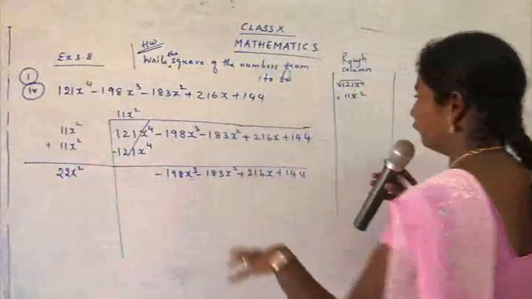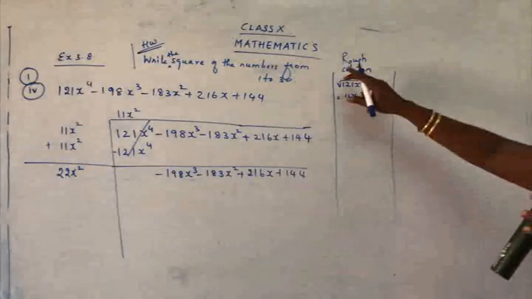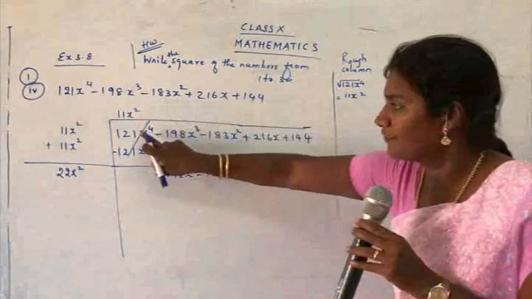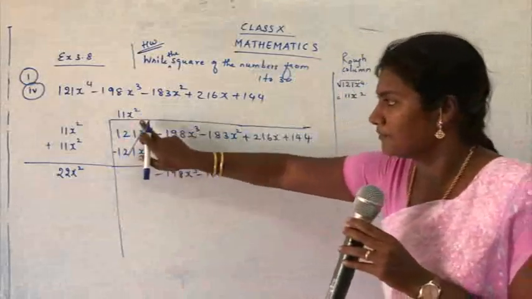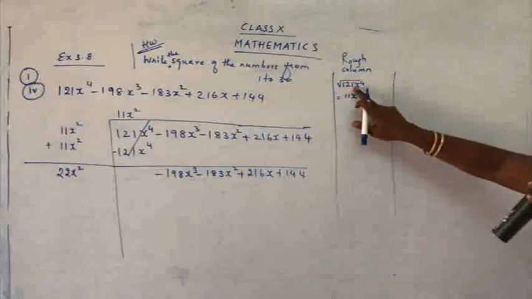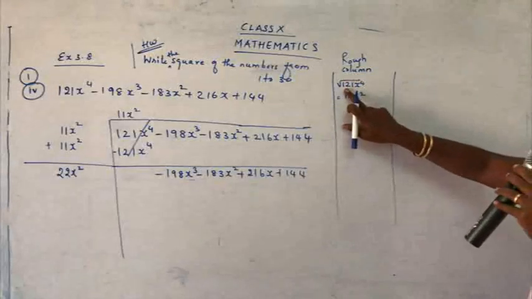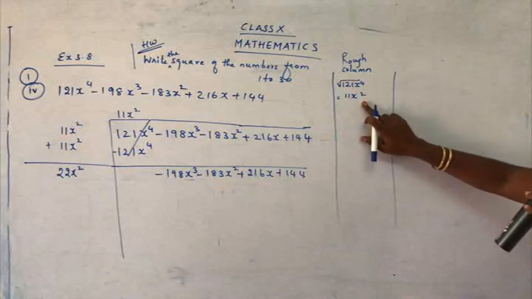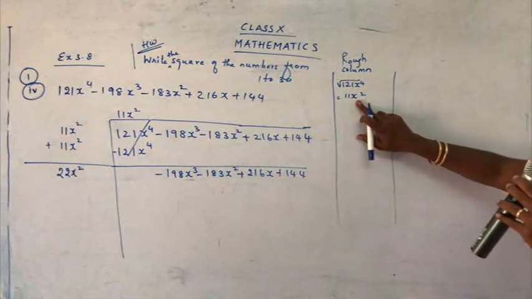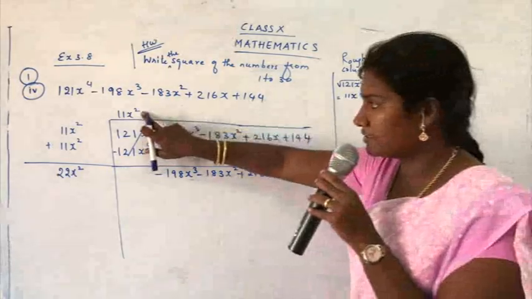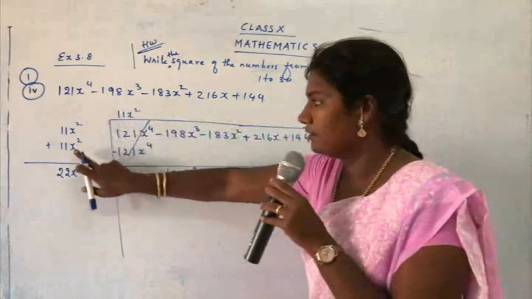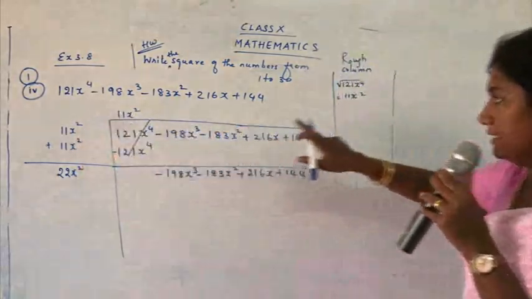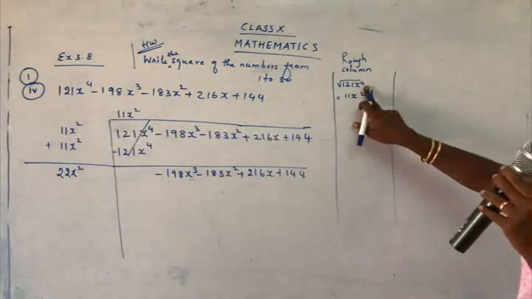Similarly, whenever you are following your classwork, draw a rough column for the first step. See how I am getting this 11x square? I am just finding the square root of the first term. The square root of 121 is 11. Square root of x raised to 4 is x square. How many times do we have to write this? 3 times: 11x square, 11x square, 11x square. 11x square into 11x square is 121x raised to 4.